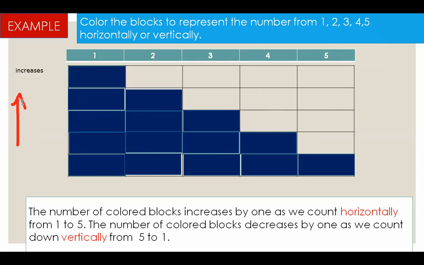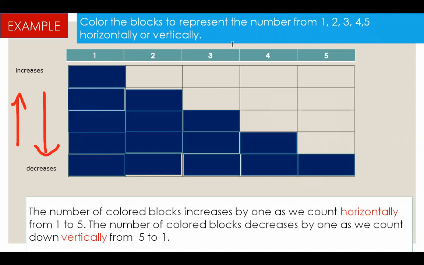When we say decreases, means less. Okay? Means less or down, going down. That is increases and decreases. All right, students? I know you can do it. I know it's very difficult, but I'm sure you can do it.